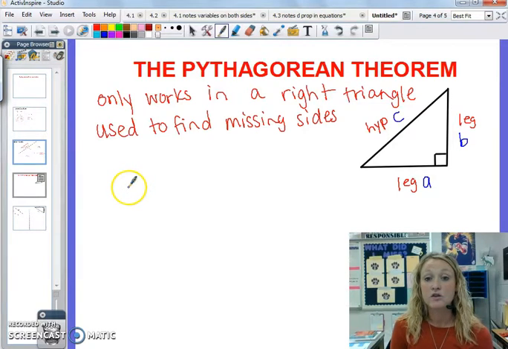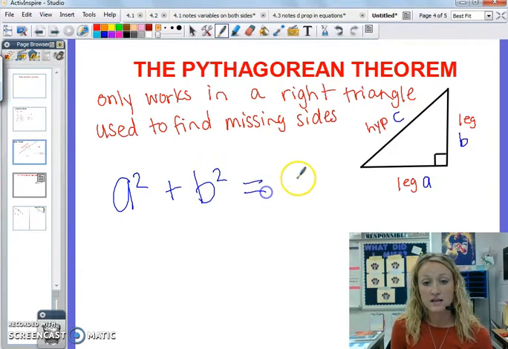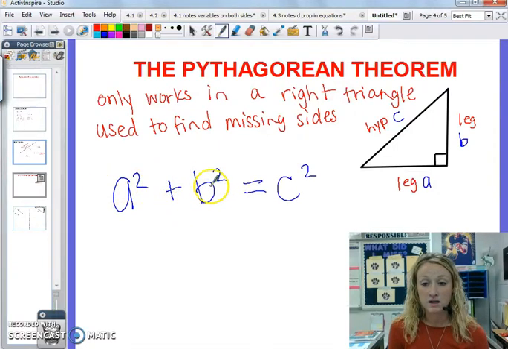The Pythagorean theorem is as follows: A squared plus B squared equals C squared. Take just a second and think to yourself, why doesn't it matter which leg is A and which is B? It doesn't matter because addition is commutative. When you add them together, you can add them in any order and get the same answer.